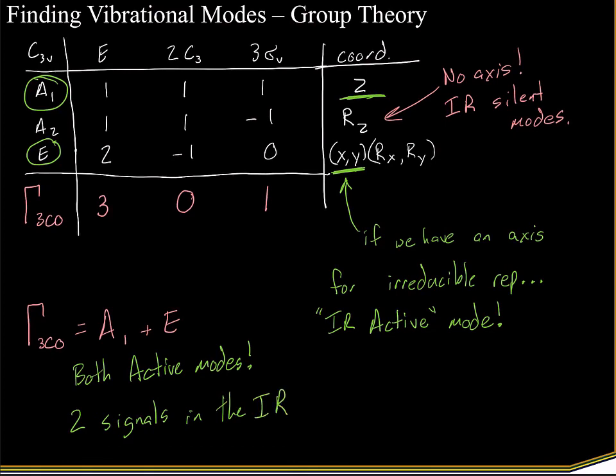If we go back to that original slide, back to the beginning of the video where I said we go in the lab and gather an IR spectrum, we would expect, and we see, two carbonyl stretches. Now we've used group theory to support that assignment. For our facial isomer, we would expect to see two signals in the IR. We're going to get a lot of practice with this.